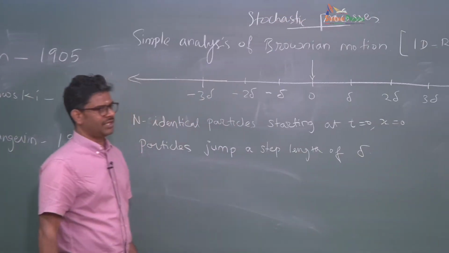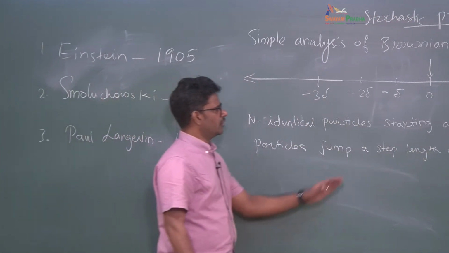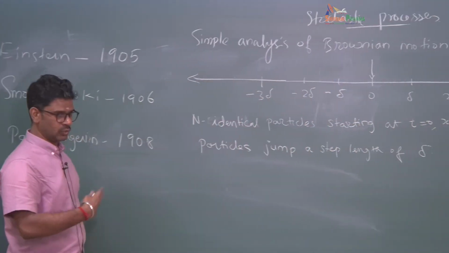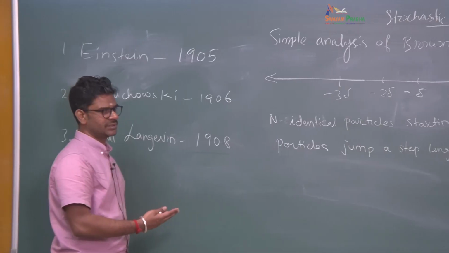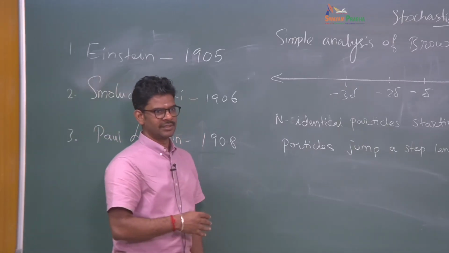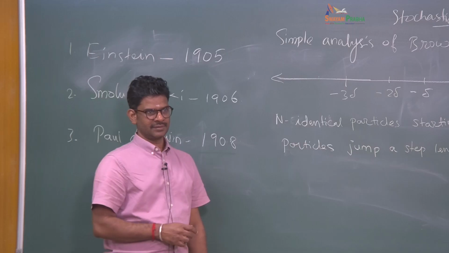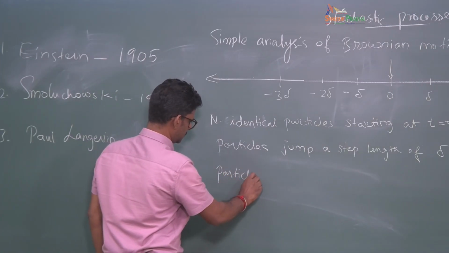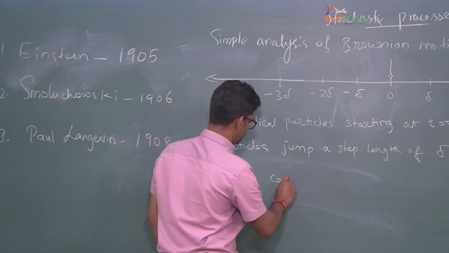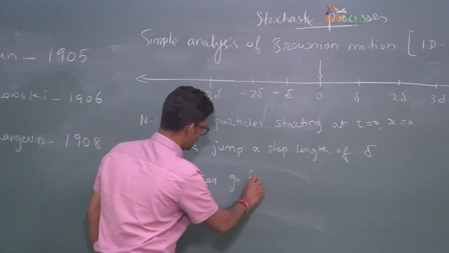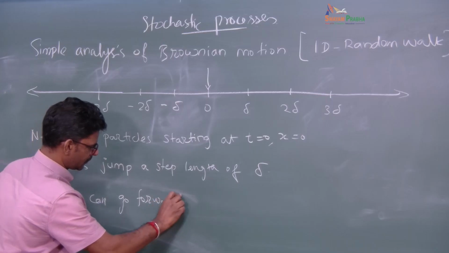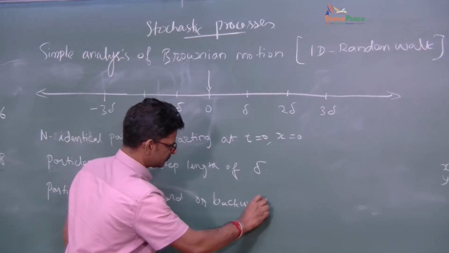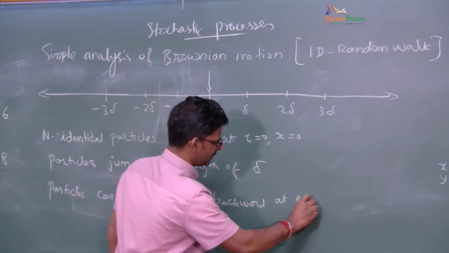Now next is about the direction, whether it's going to be only going forward or only going backward. Here we say another rule. The particle can choose either direction at equal probability. So particles can go forward or backward at equal probability.